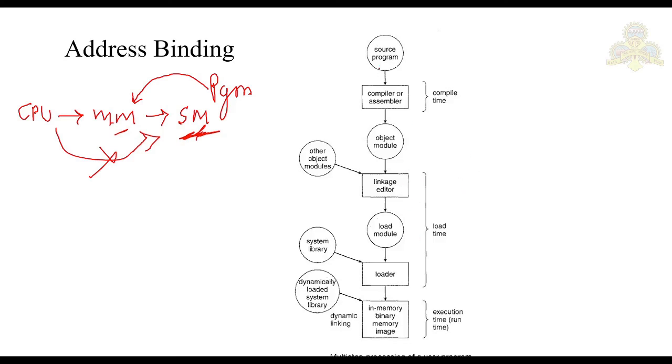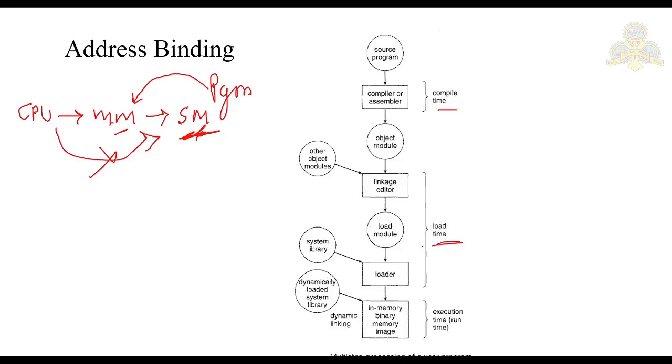Before that, first let us check this diagram. First you have the source program. Whenever the source program is compiled or assembled, at that time you can do the address binding. If at the compile time the address binding is not done, then the binding can be done at the load time.